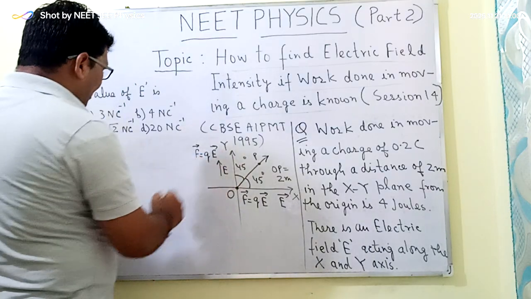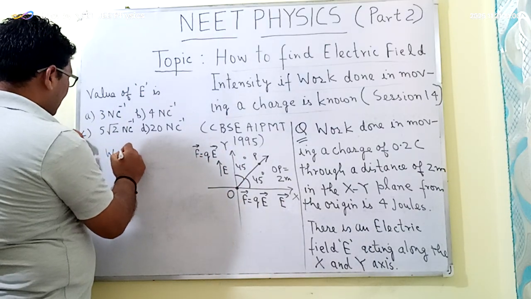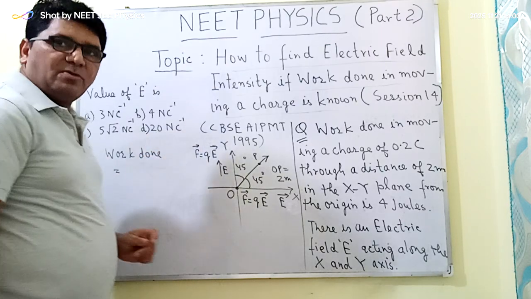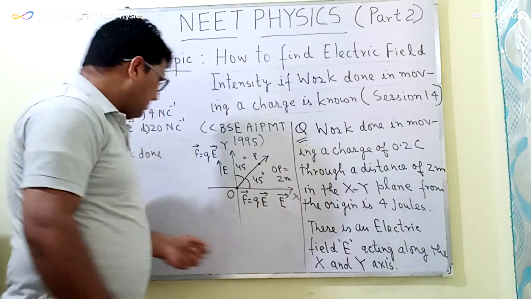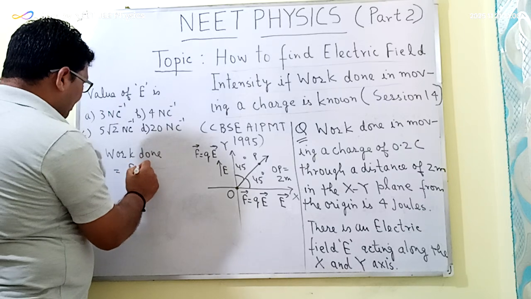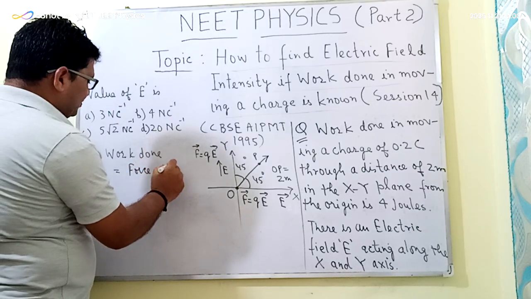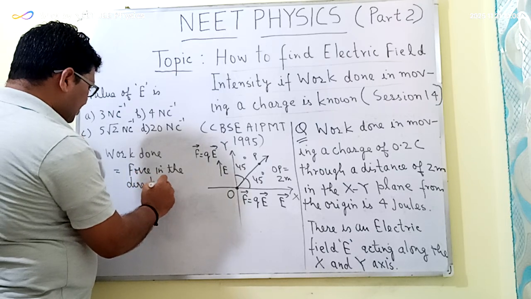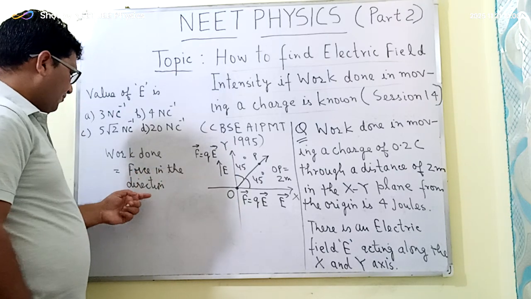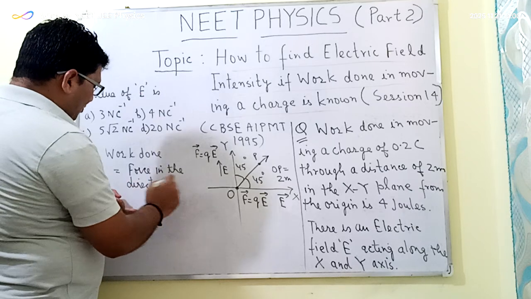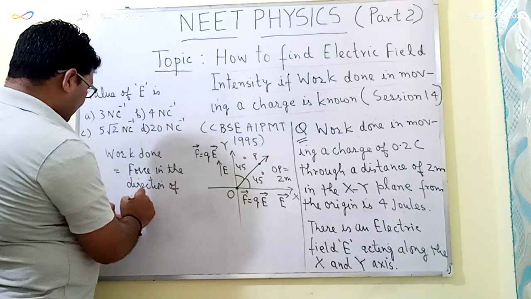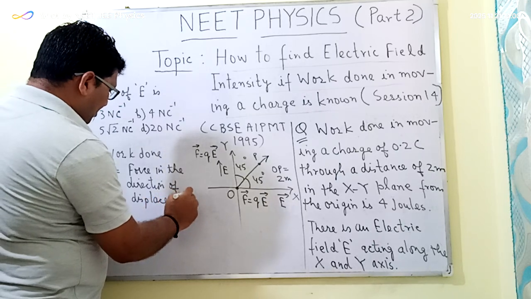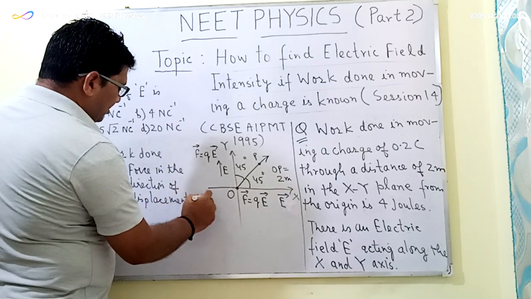Work done, as we all know, is equal to the magnitude of the force in the direction of displacement, multiplied by the displacement. This is very important to remember: the force in the direction of displacement, multiplied by the displacement.